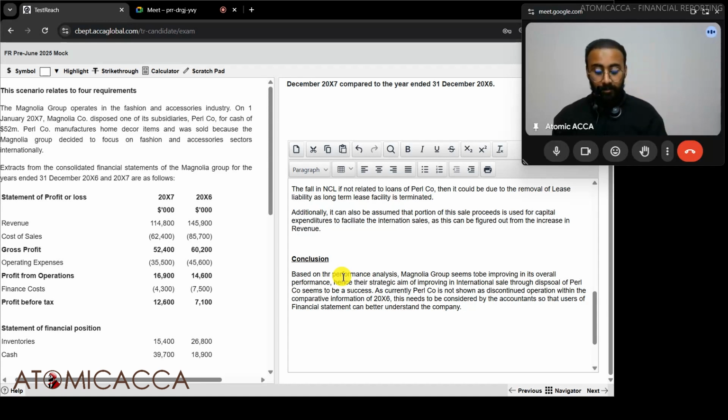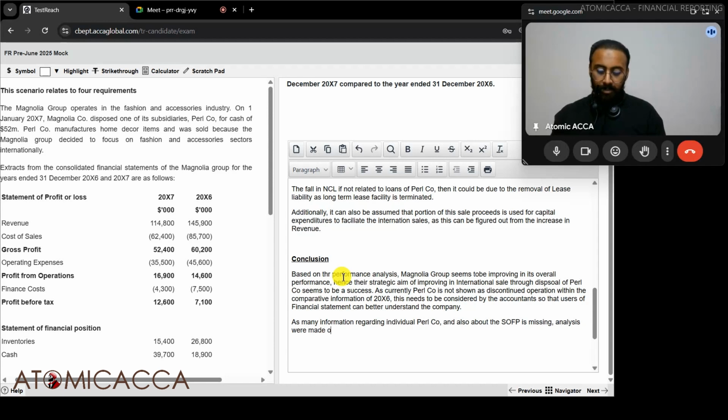Finally, we talked about Pearl company information missing, meaning many things were assumed. Much information regarding individual Pearl company data, and also about the statement of financial position, is missing.